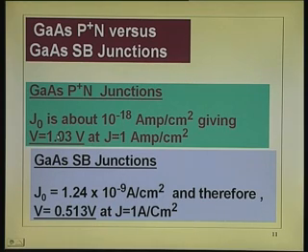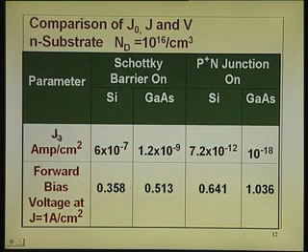Now, the entire result is shown here in this table. Schottky barrier silicon, Schottky barrier gallium arsenide, we have seen it: 0.35 is the voltage drop, with cut-in voltage about 0.3, and 0.5 cut-in voltage for the gallium arsenide Schottky barrier. Go to the silicon PN junction here.